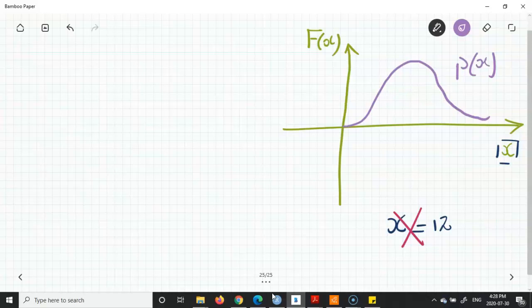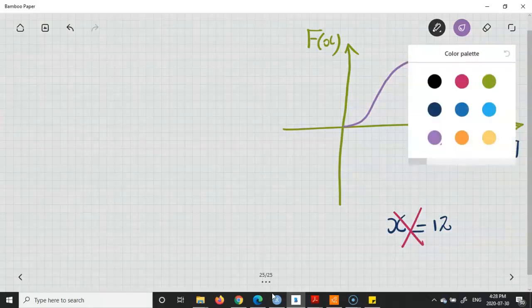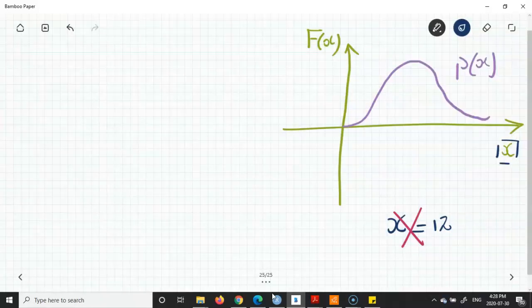If I assume that x is my random variable, this randomness is also defined by a probability distribution. I call that a distribution for x.